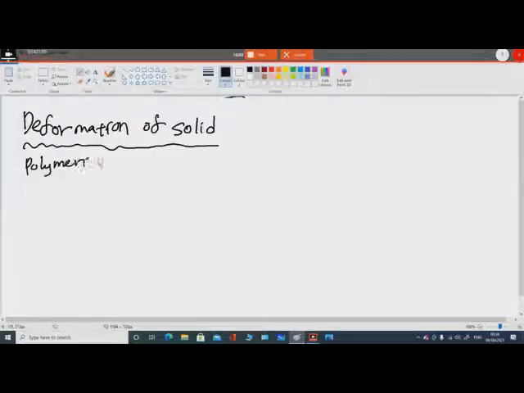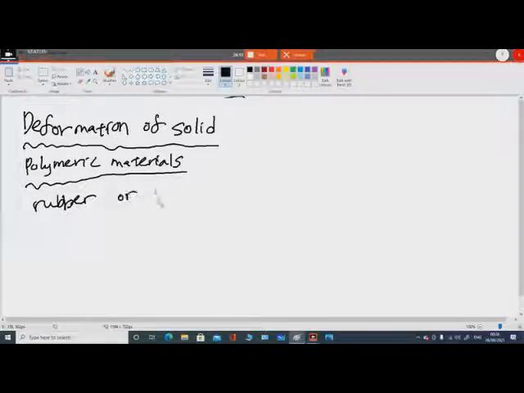Polymeric materials, as we mentioned just now, are for example rubber or plastic.